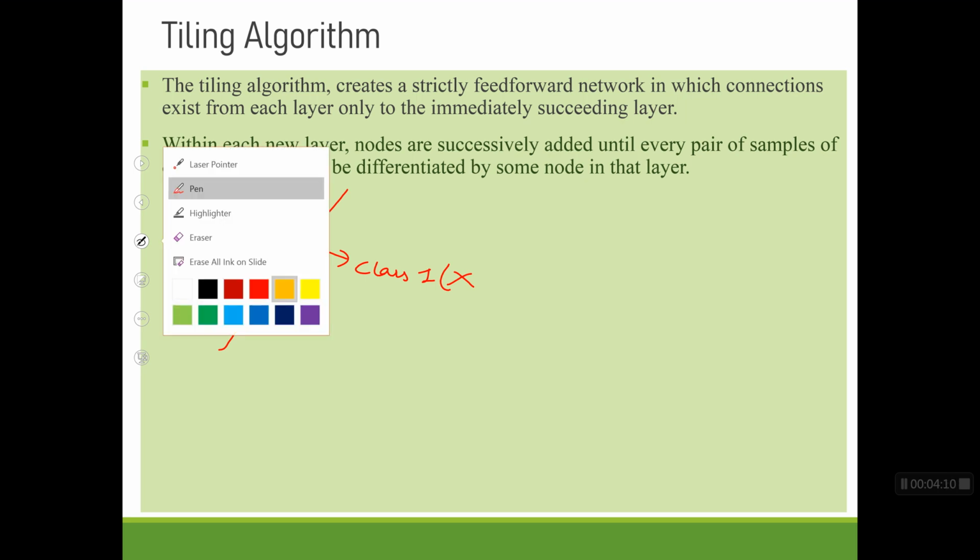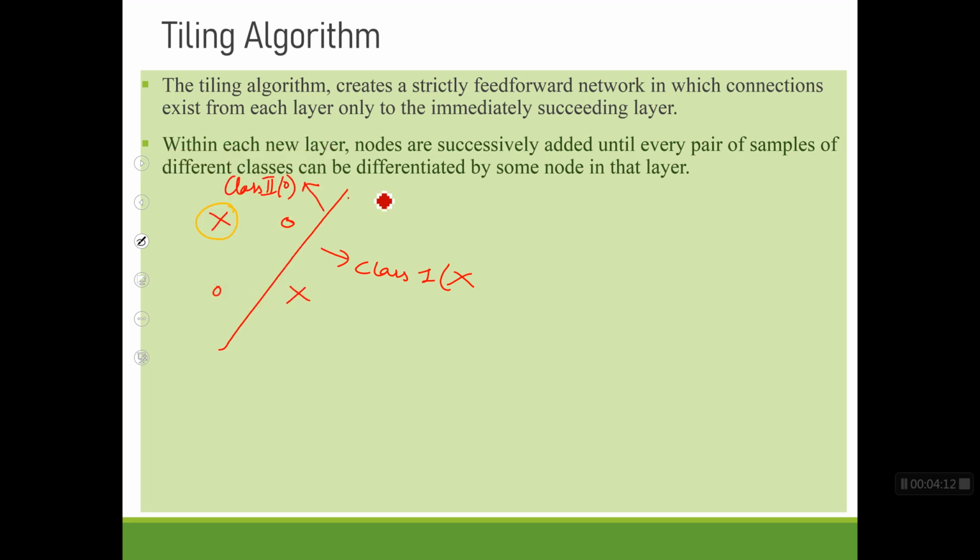So the first line which I have drawn here would give me my master node M, and then still the classification is not done. I have to draw one more line here so that I can separate this X which was misclassified in the previous one. So that would be the ancillary node A.